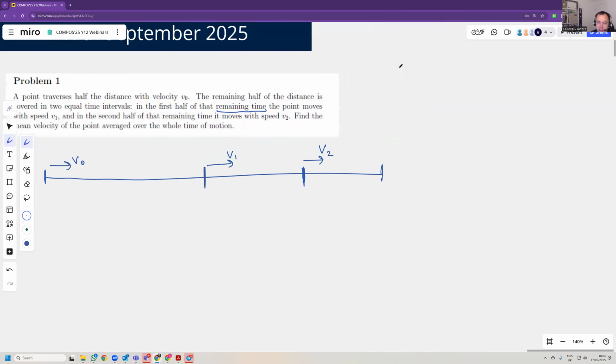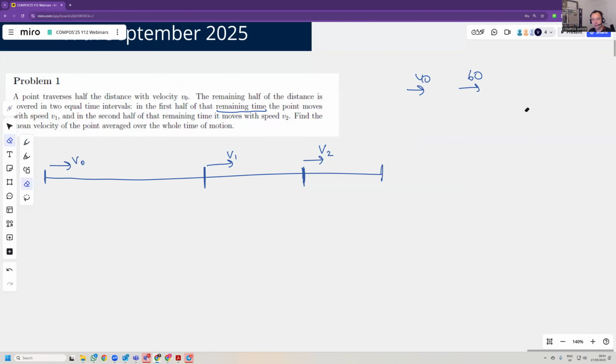So you've probably seen the question like you travel half the distance at speed 40 and second half at speed 60. Find the average speed. And the answer is not 50, right?